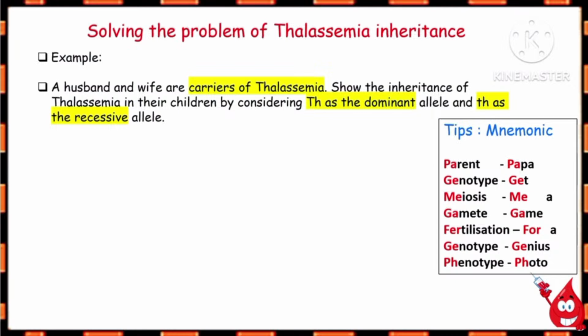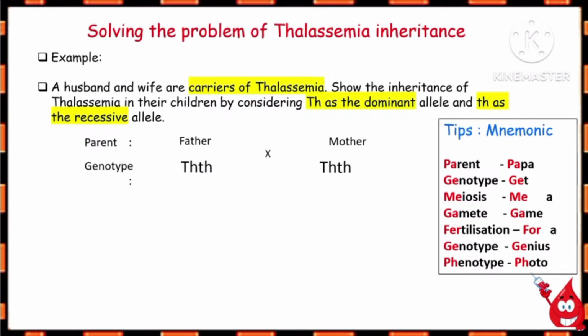Papa, get me a game for a genius photo. By using that, you know the first thing to write is the parent. So the parent consists of the father and mother. Write the genotype for the parents. Given in the statement, the husband and wife are carriers of thalassemia. What is meant by carriers? Carriers mean they are heterozygotes. So for heterozygotes, this is how we write the genotype.